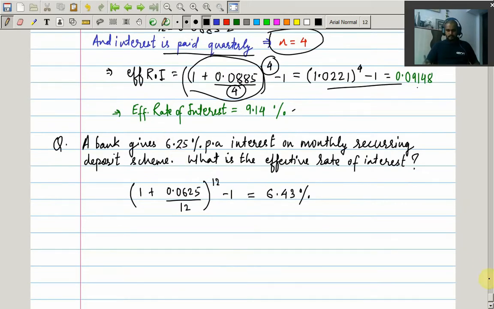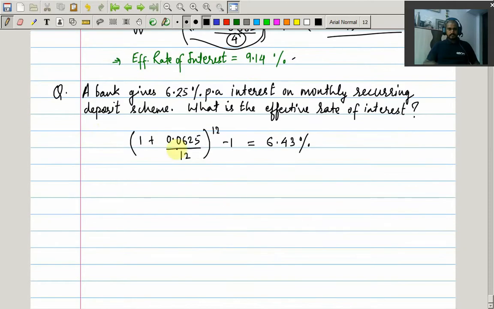Okay, so I guess this is the last example. A bank gives 6.25% per annum interest, monthly, on a recurring deposit. So interest is being deposited monthly. So what is r?